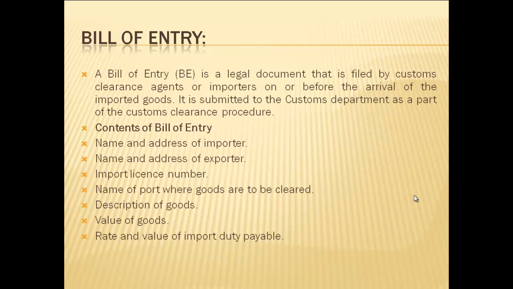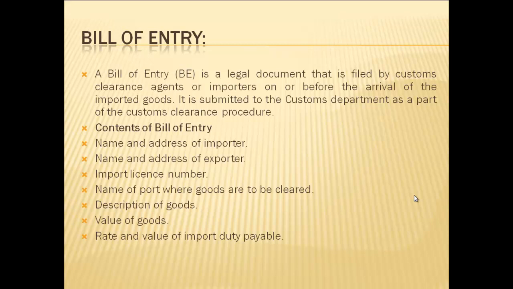Next comes an important concept, which is bill of entry. Now, what is bill of entry? A bill of entry is a legal document that is filed by customs clearance agents or importers on or before the arrival of imported goods.